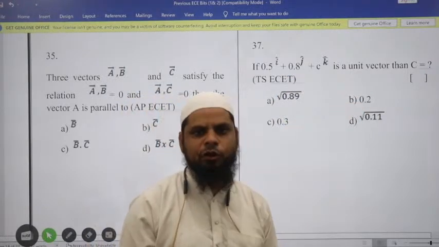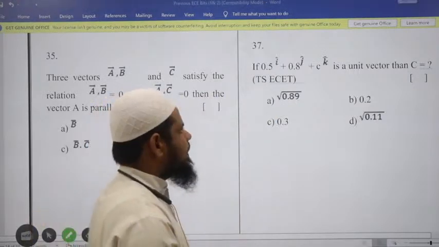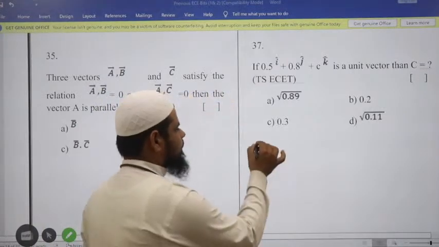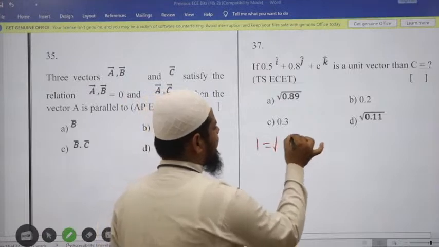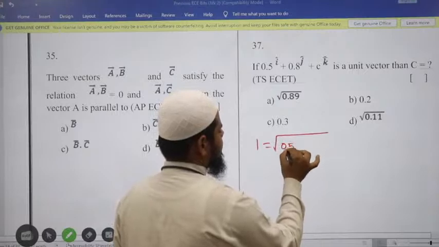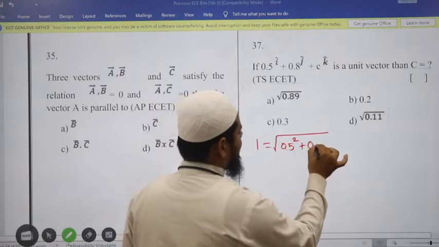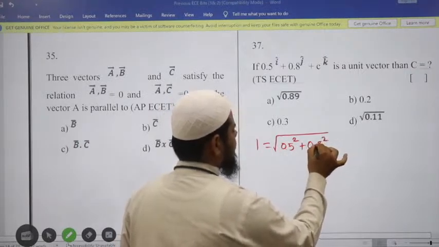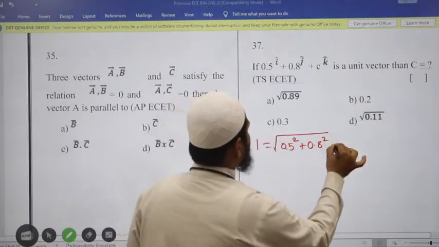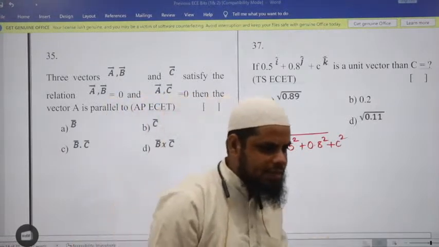The magnitude of a unit vector is 1, so based on that we can go with 1 is equal to root over 0.5 square plus 0.8 square plus c square. So in that case, can you guess the answer?